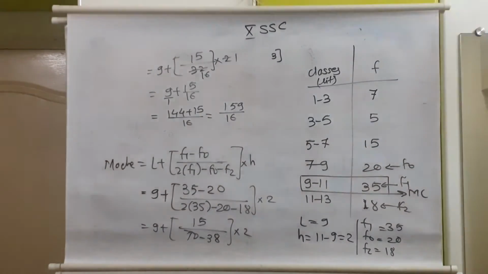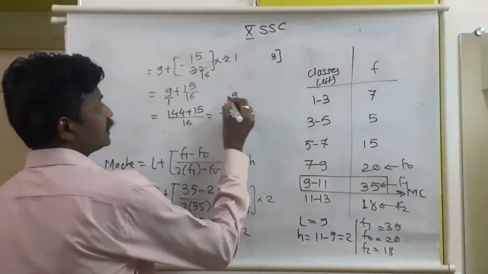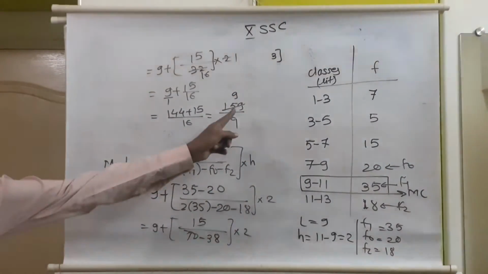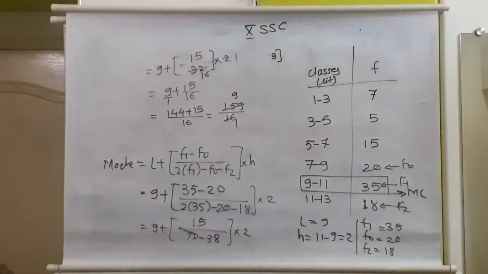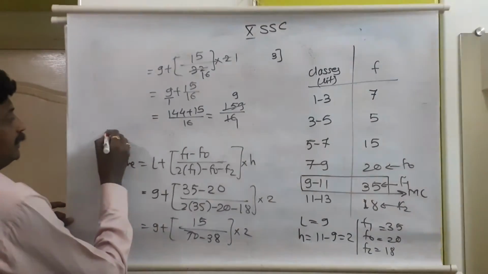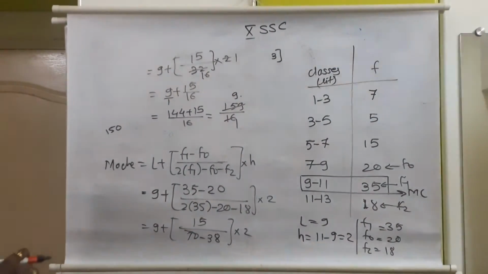So we have to continue with 16 ones are 16, 16 nines are 144. 159 minus 144, it remains 15, which can give us a decimal point. It will convert into 150.